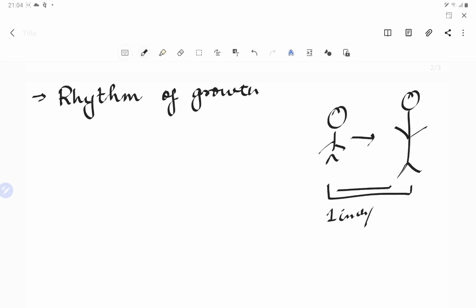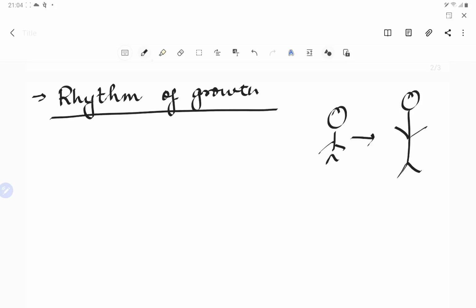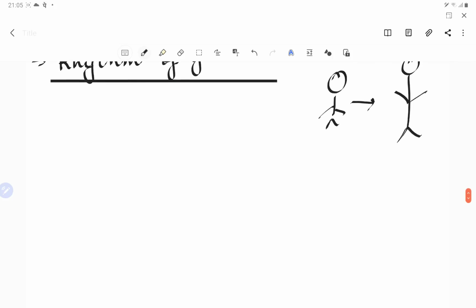In 1 year or 2 years there may be more growth, and in another year there may be zero or close to zero growth. That is how we define the rhythm of growth. Growth is not constant, growth is not steady. We have got 4 rhythms of growth.